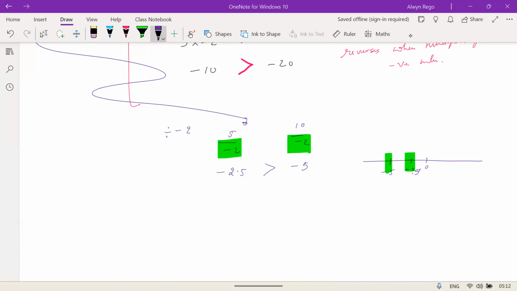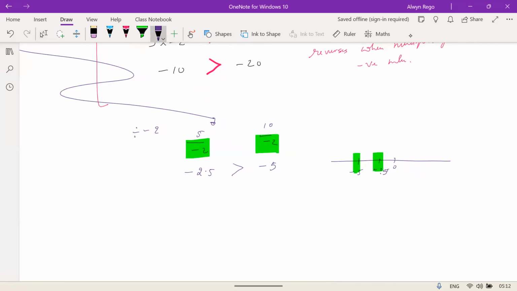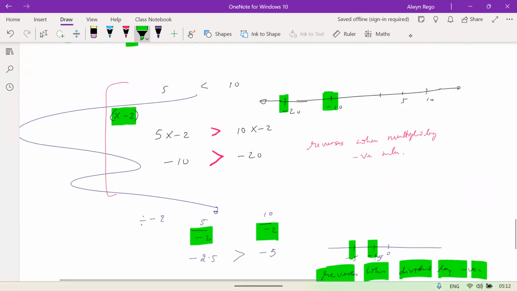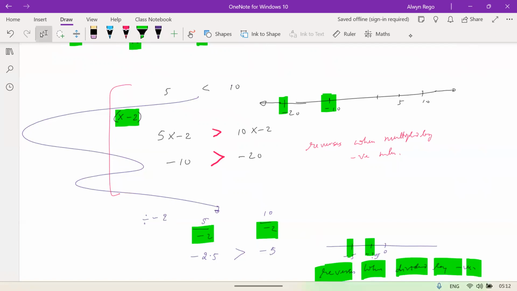The inequality reverses. So I can say that the inequality reverses when divided by a negative number. So don't say it's fair, I divide both the sides by the same number, so the inequality should not be disturbed.